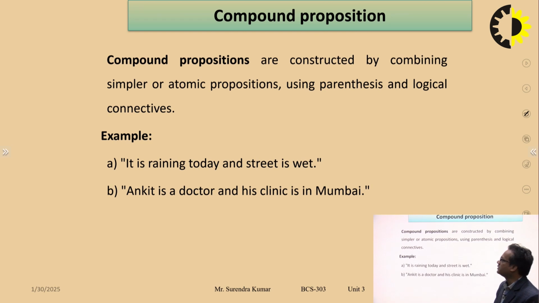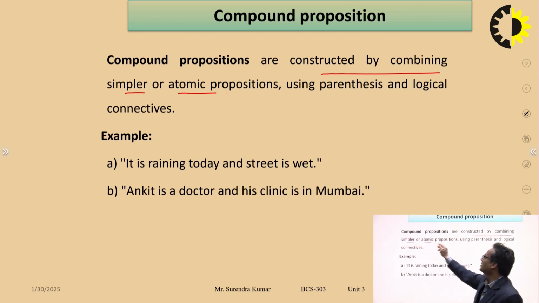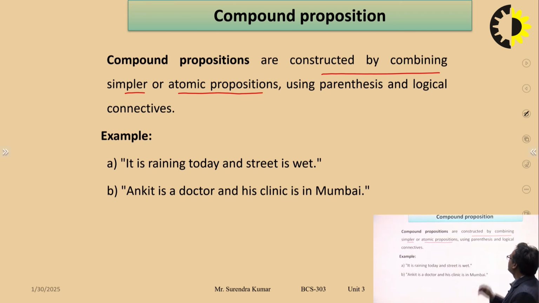Now we come to the compound proposition. They are basically constructed by combining simpler or atomic propositions. Using parentheses and logical connectives will help us combine these atomic statements to prepare any compound proposition.